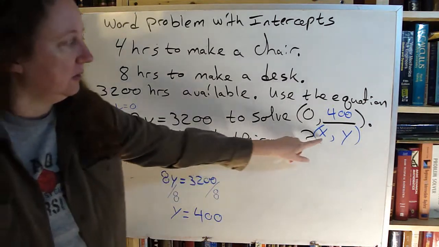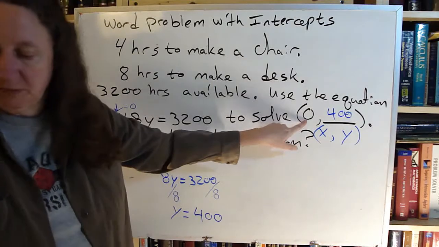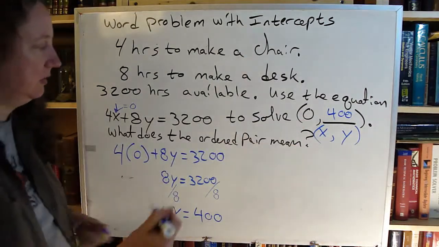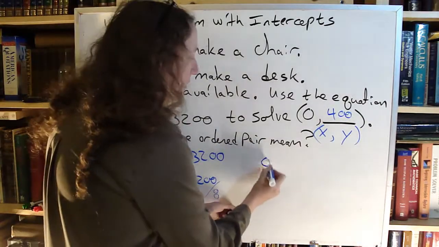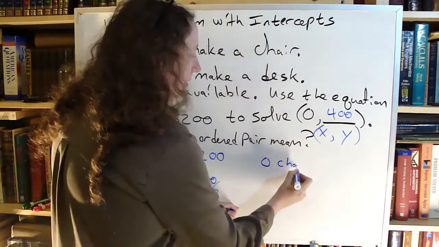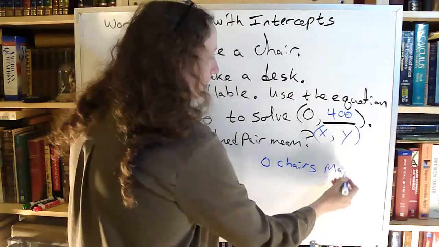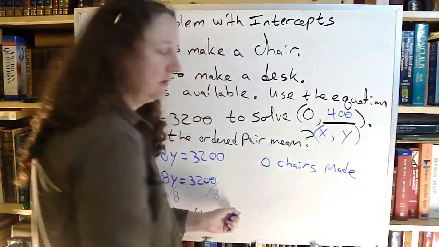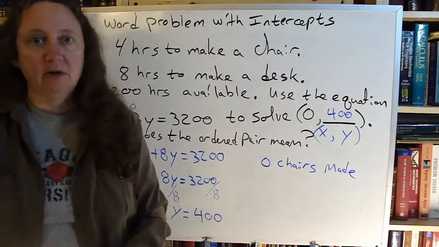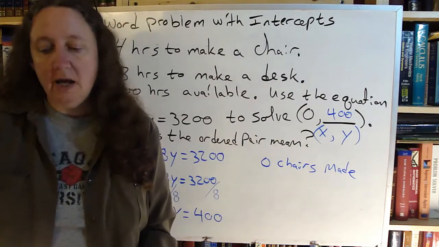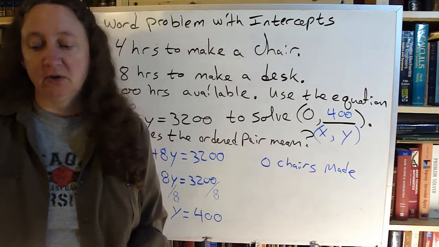So x, 0, is the number of chairs produced. So we have 0 chairs made. Going back to the original problem again, we have y the number of desks manufactured.